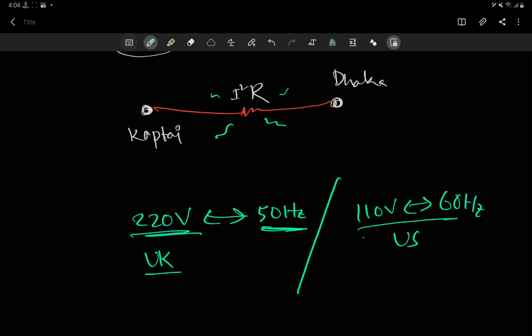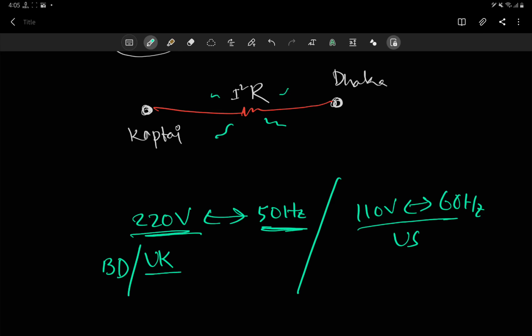If you use a 110 charger in Bangladesh, it's going to blow up, because it's not made for 220 volt, it's made for 110 volts. So you have to ask for the 220 volt, 50 hertz charger.